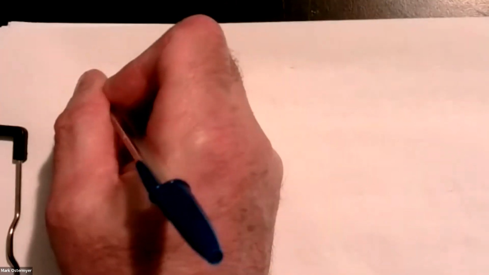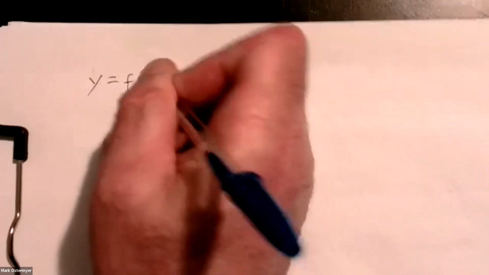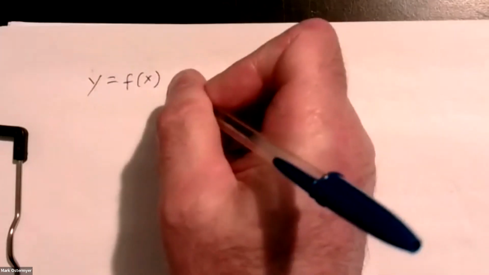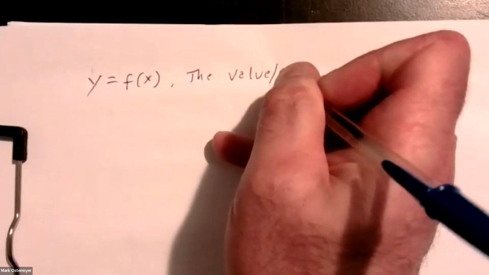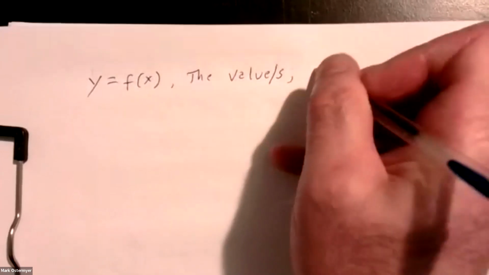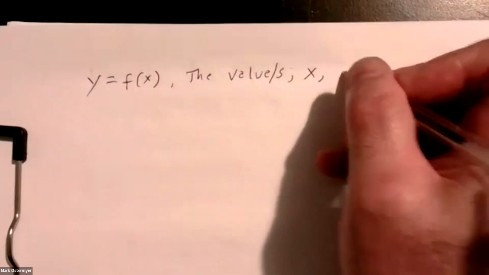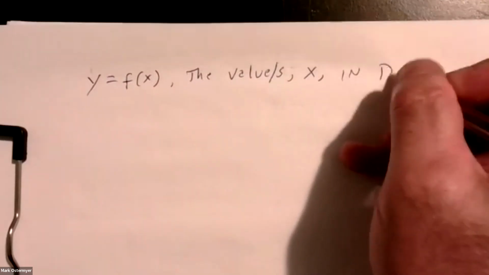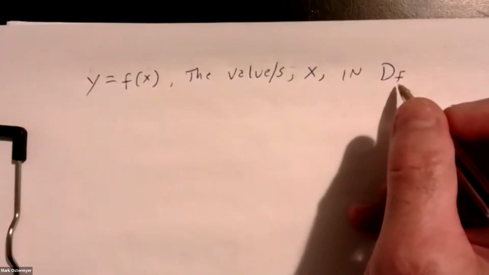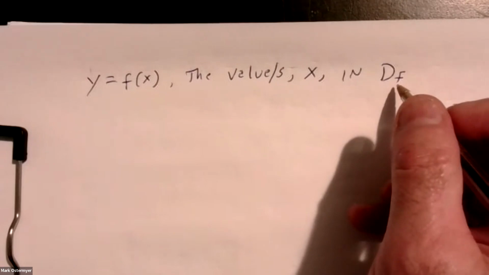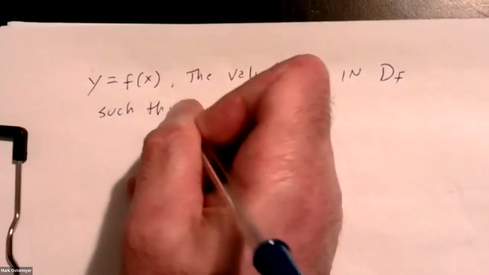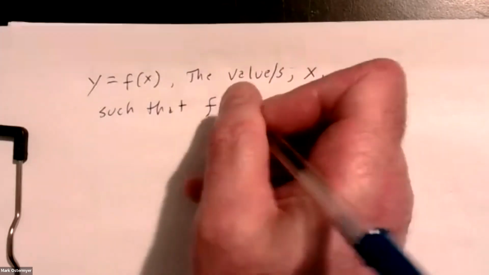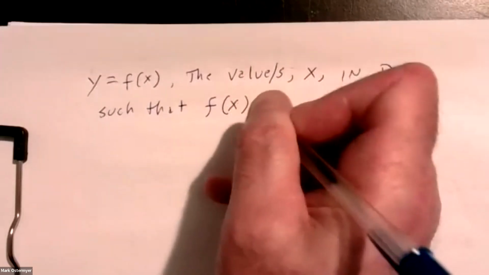Okay, suppose that we have a polynomial function, y equals f of x. We say the value or the values x that are in the domain of this function, such that our function evaluated at x is equal to 0.